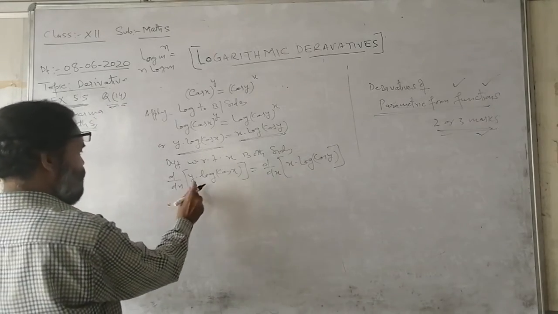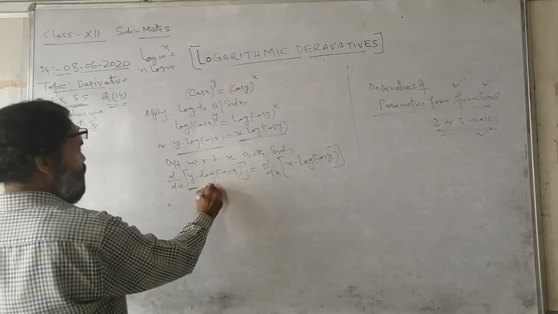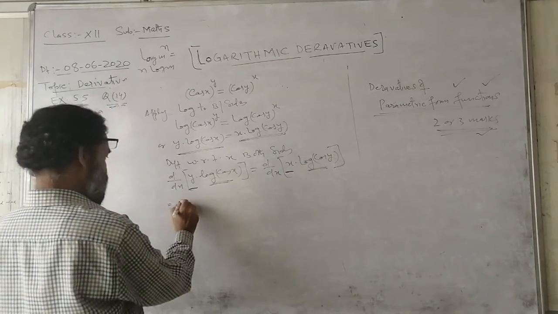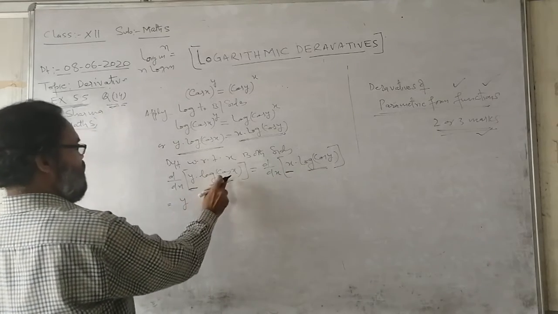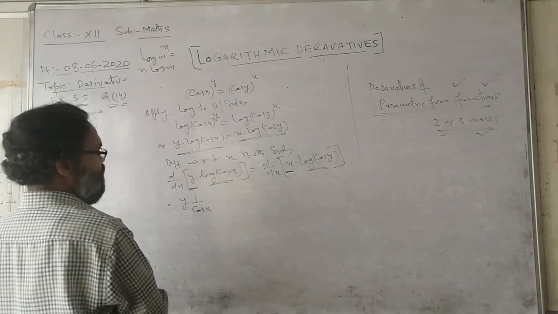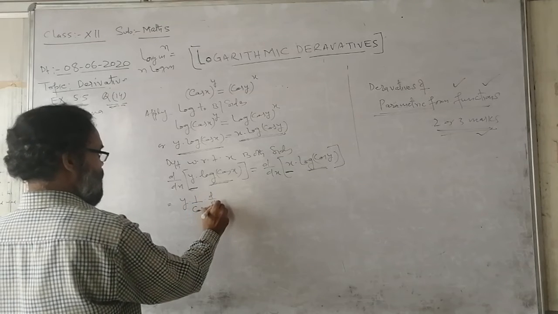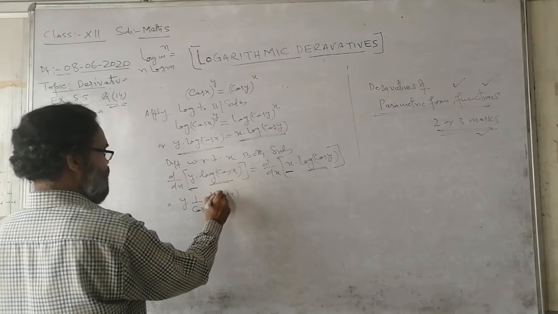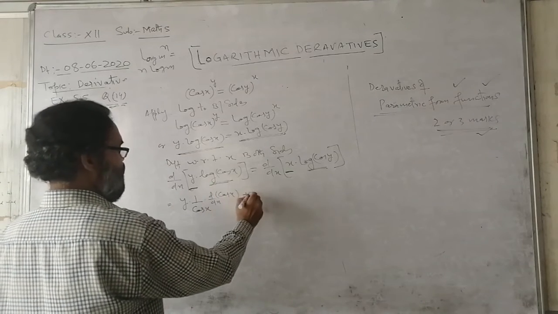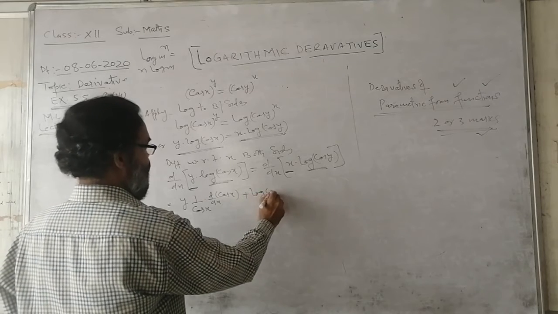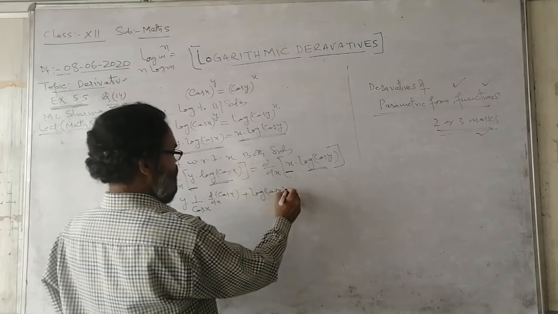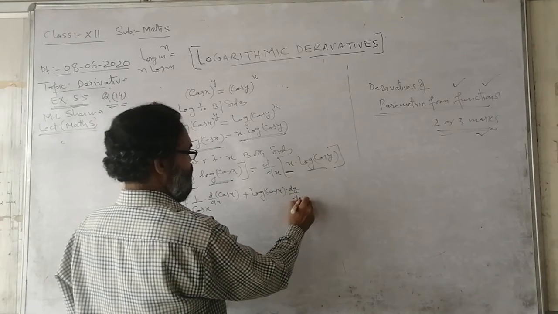Here this is the first function, this is the second function. The first function into derivative of second, its derivative will be 1 upon cos x into derivative of cos x, plus the second function into derivative of the first, this will be dy upon dx.